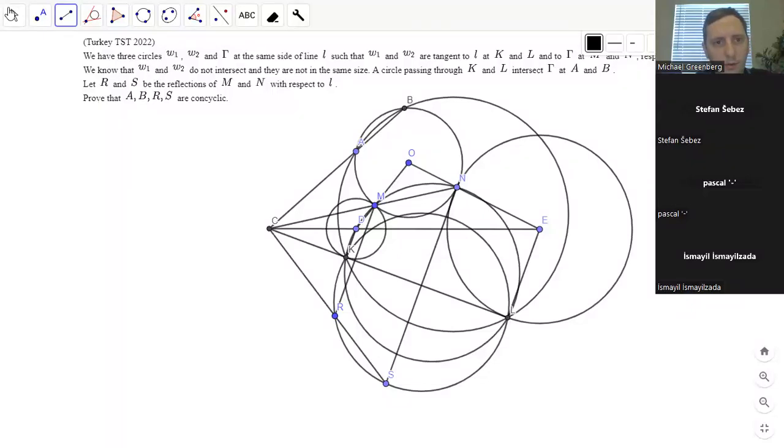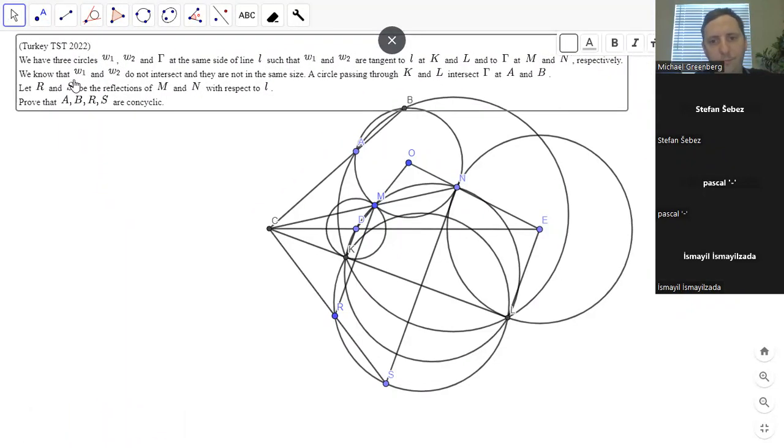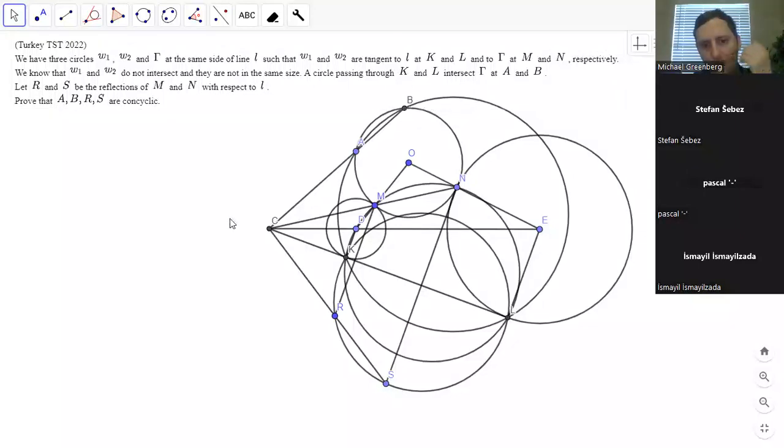So step one, we know that MN, RS, and KL meet at point C, and then C, D, and E would be collinear also. So let's think about that.